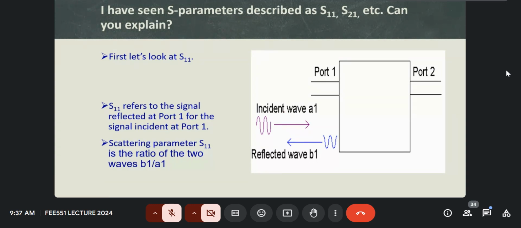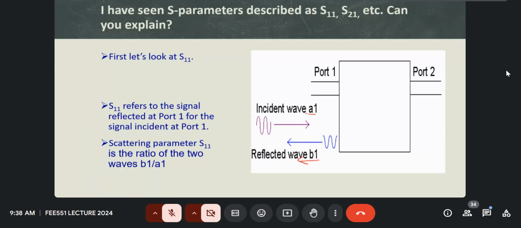So you enter a wave at port 1, that is A1, and then you look at the signal that's coming out of port 1 due to the input A1.